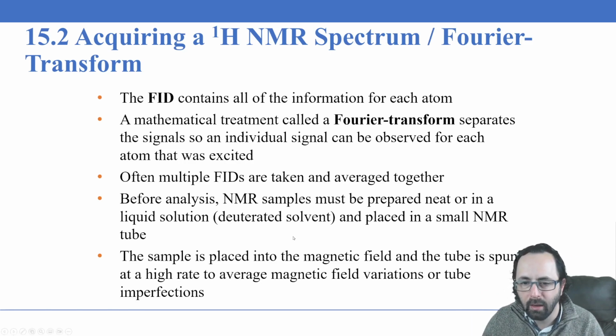Before analysis, the NMR samples are prepared. Usually, they'll be diluted in a deuterated solvent. Deuterated means that instead of hydrogen, it has deuterium, which has one proton and one neutron. The reason a deuterated solvent is used is that deuterium, because it has an even number of combined protons and neutrons, will not undergo this process.